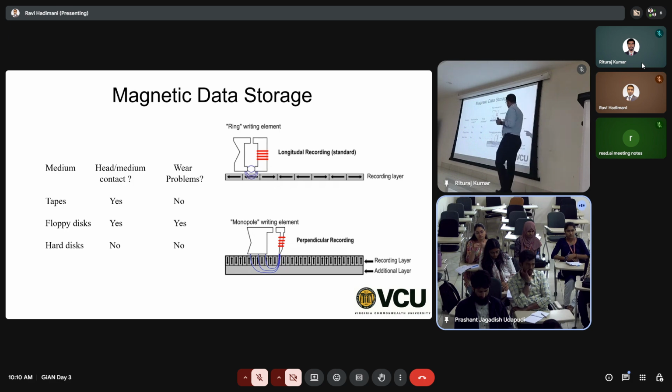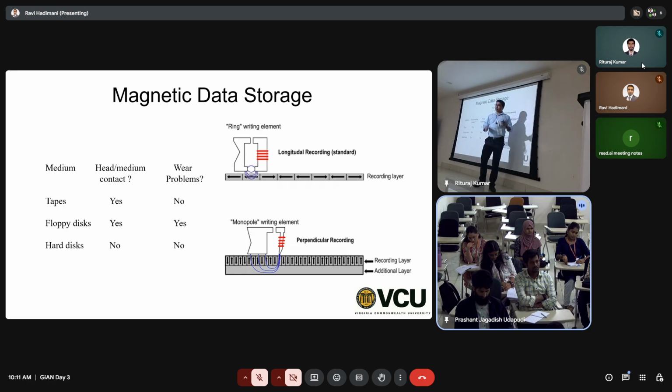So hard disks are the ones that have the highest capacity. Floppy disks are just magnetic paint on a polymer. Floppy disks are round, same as tape, but it's a round disk, and it's divided into sectors, slightly more sophisticated than the tapes.